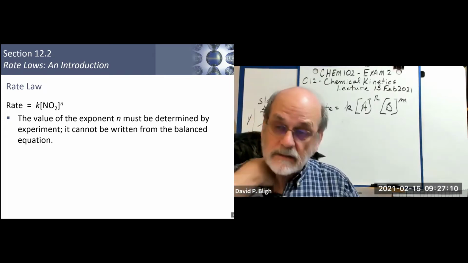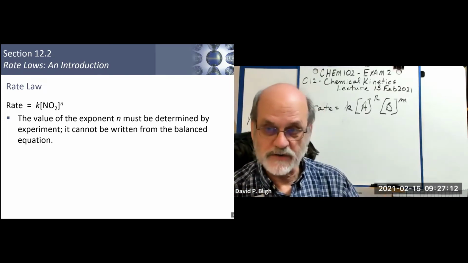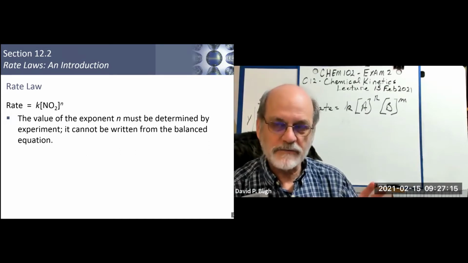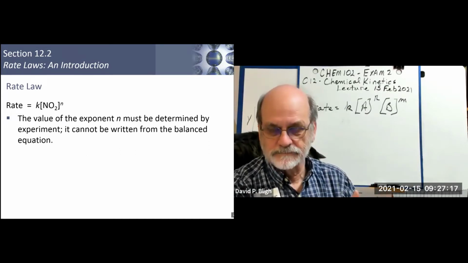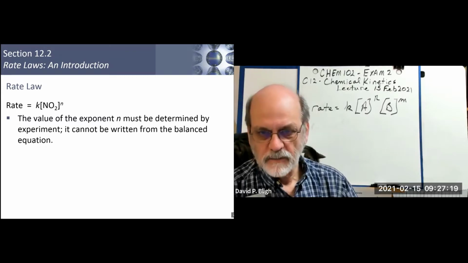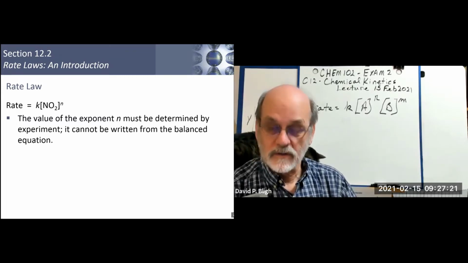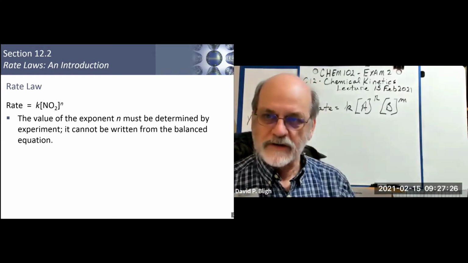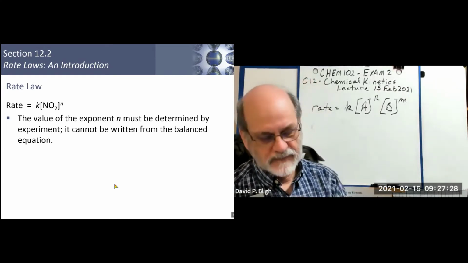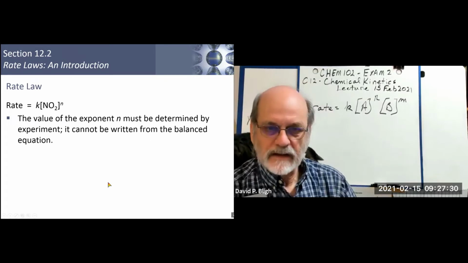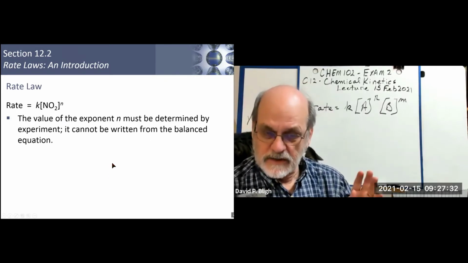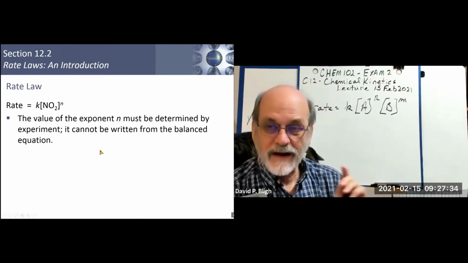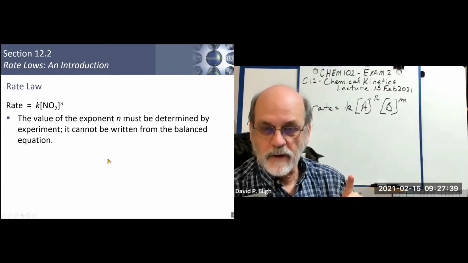Now, you can do that when you write your report. You can say, I think it's close enough to this whole number, it should be that value. But you have to work from a real determined value, which may be a fraction, before you get to the whole number. All right, that's another topic. It's just a word of caution. You cannot derive the order of a reactant from the balanced equation, not legally.